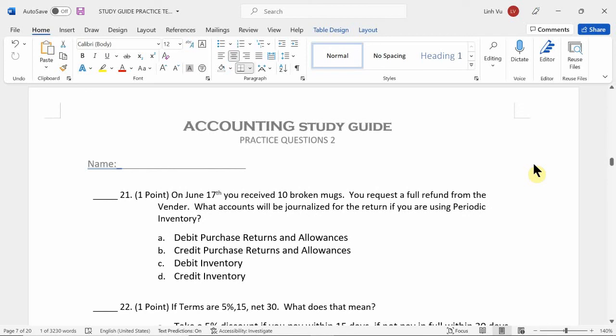B, credit, purchase returns and allowances. Yes, because expenses usually flow one way, so you do need to create a contra account for this, which is purchase returns and allowances. Good.